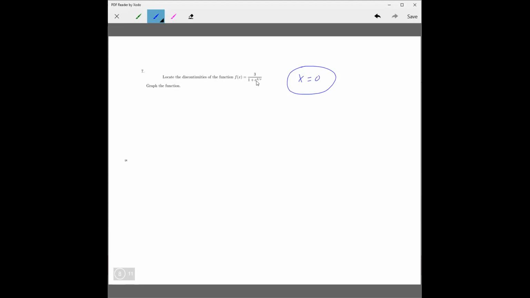Do we want to use a graphing calculator? Okay, yeah, I can show you how to do this on a graphing calculator. So let's see, it's 3 over 1 plus e to the 4 over x.